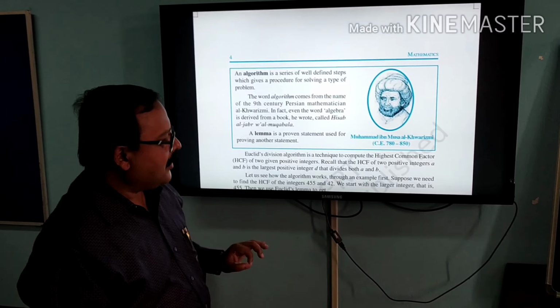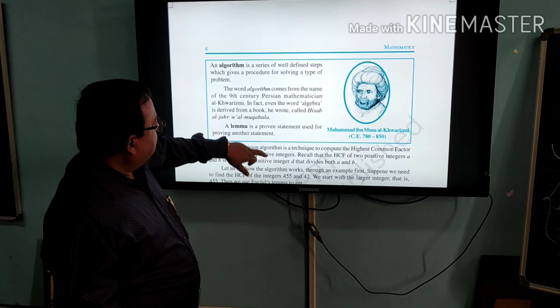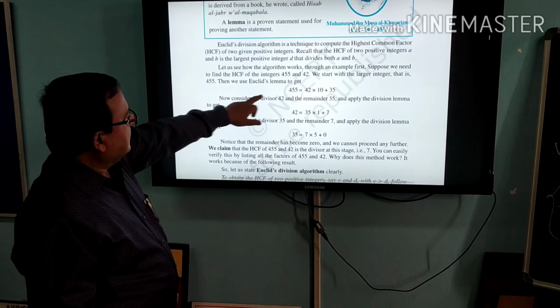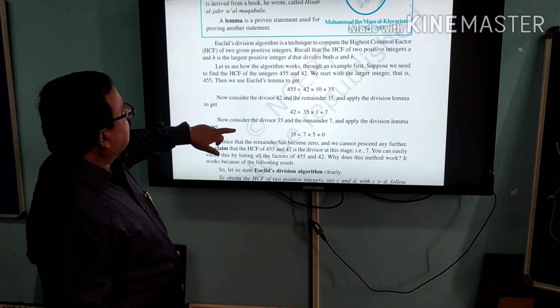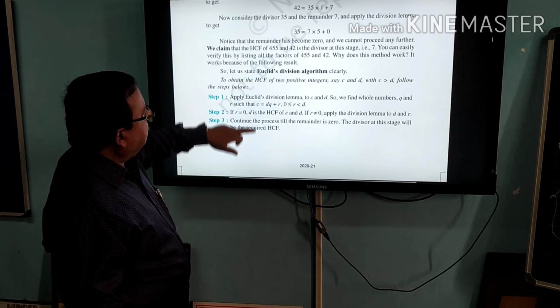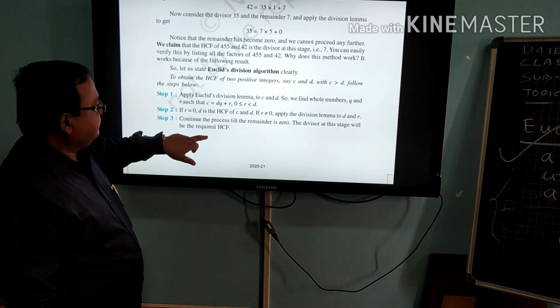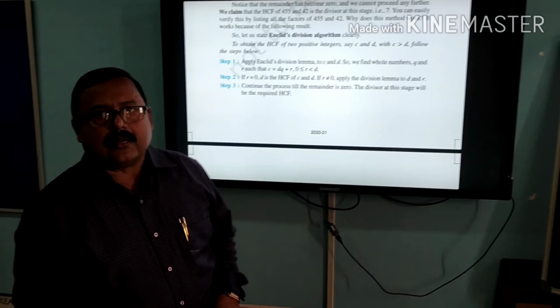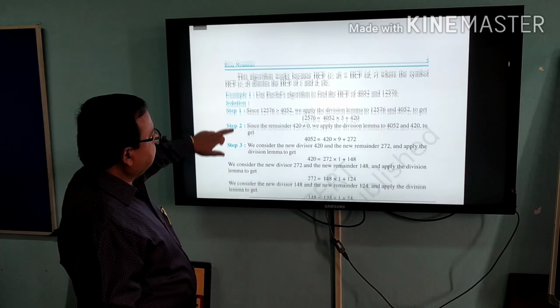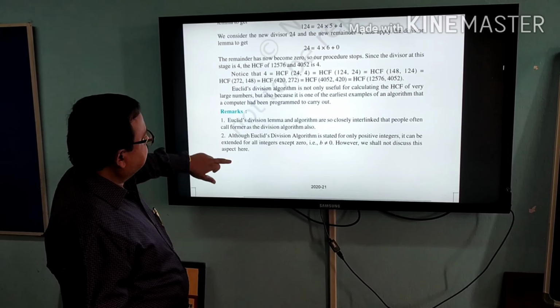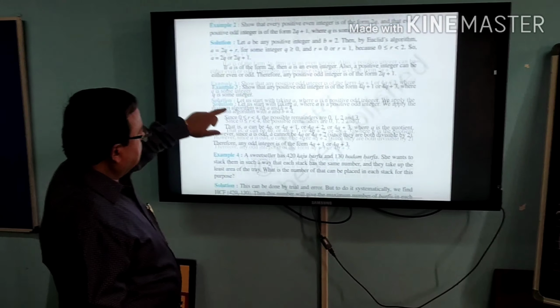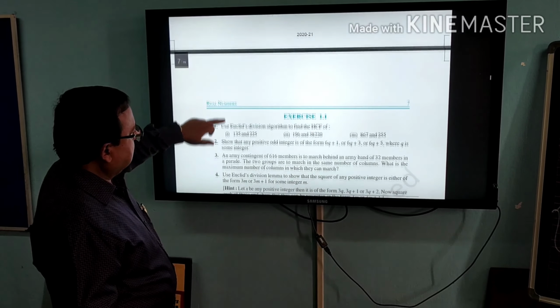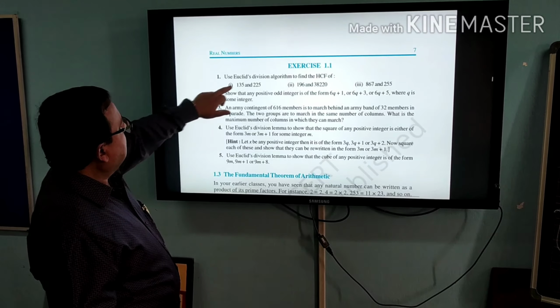Suppose some problem is there in your book, like: find the HCF of two numbers by using Euclid division algorithm or lemma. Suppose exercise 1.1: use Euclid division algorithm to find the HCF.